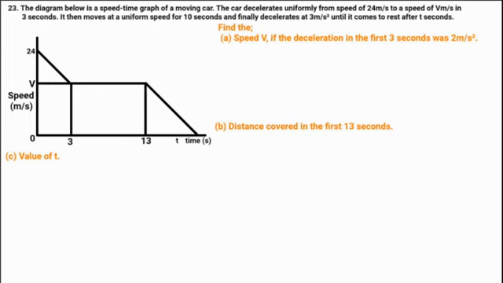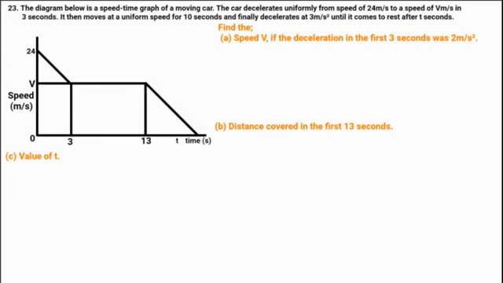Okay, so the question is: find the speed, which is v, if the deceleration in the first 3 seconds was 2 meters per second squared. This is the question we're asked to find.